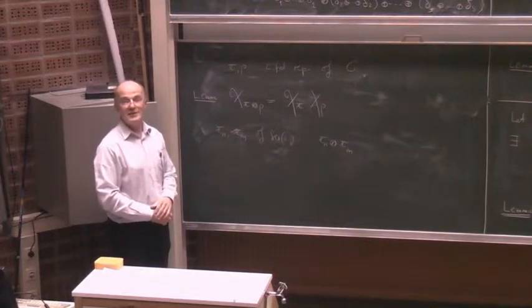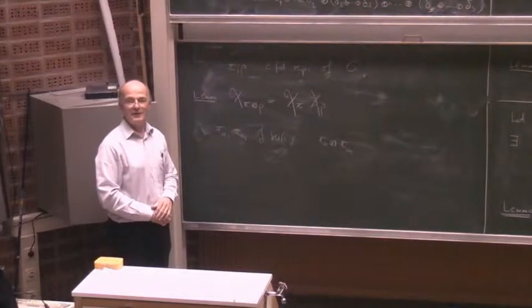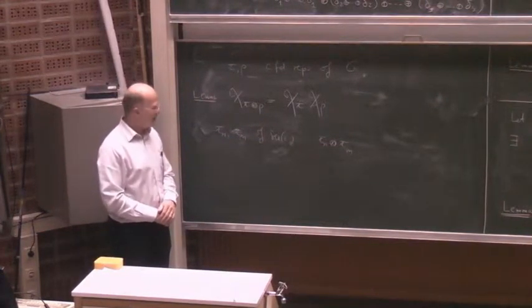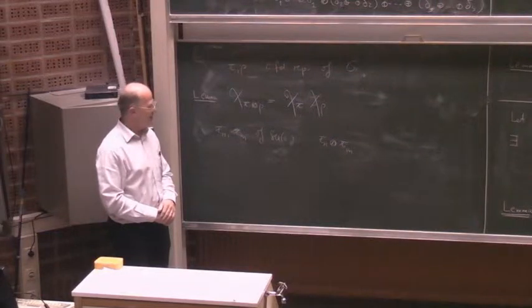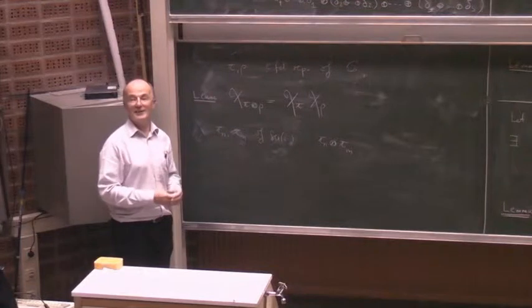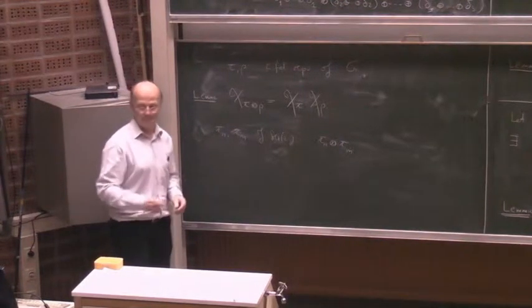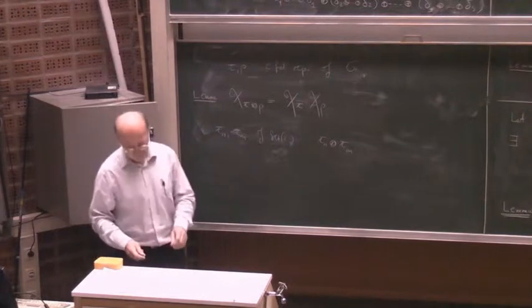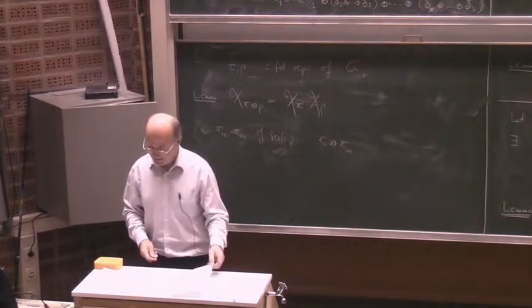Now how to do this? Well, compute the character, calculate the inner products of this character with the characters of the irreducibles, and this gives you the multiplicity of the irreducibles in this representation, and then you can write down the decomposition into irreducibles. Right? Okay. So this is a very nice application.